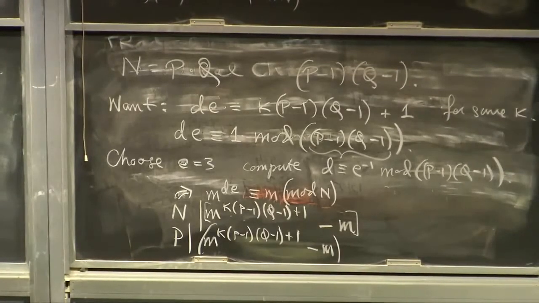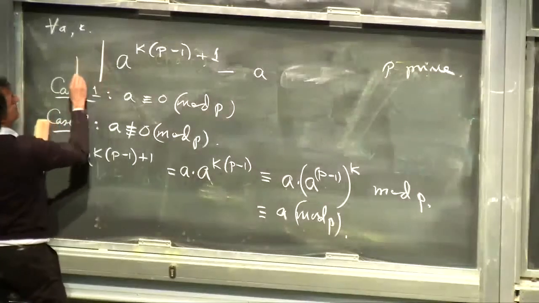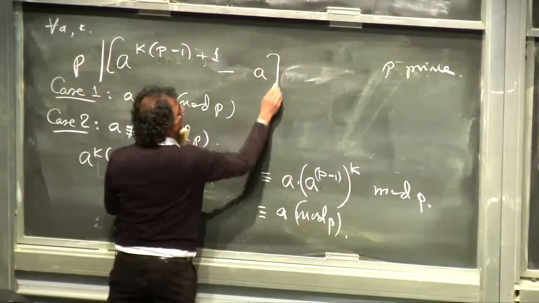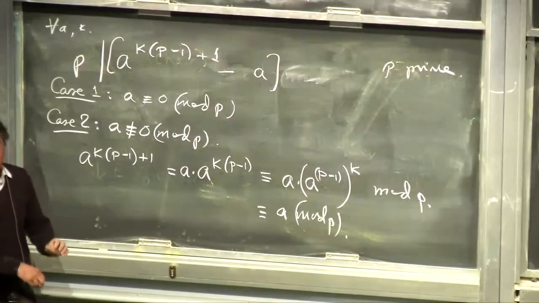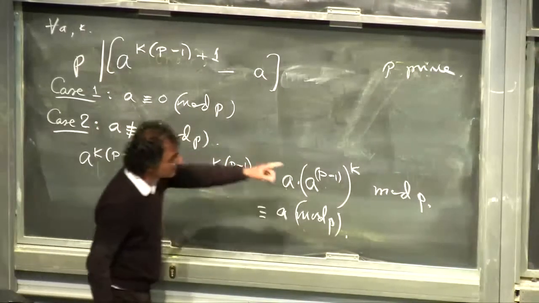Sorry, all I'm doing is, Fermat is saying I could move a to this side, so I say a to the p minus a is congruent to 0 mod p. Another way of saying it is that p divides this. Right, that's Fermat.